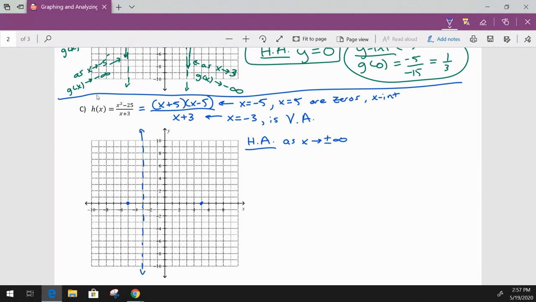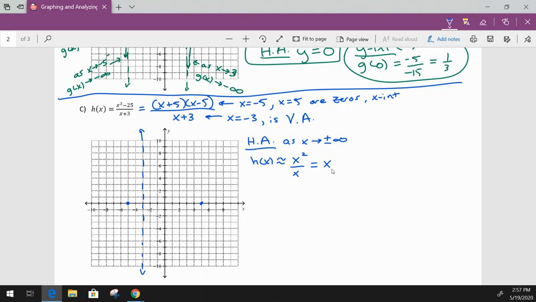So if we look at our original equation here, h of x, if we are going to positive or negative infinity, the minus 25 and the plus 3 are going to become very insignificant, and we just have to focus on the highest degree term from each, which would be x squared over x. And if we reduce this, we get x.